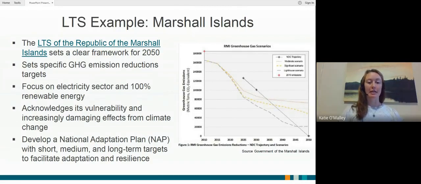In addition, the NDC 2025 and 2030 targets are shown on this graph with the plus marks as part of a trajectory line to 0 greenhouse gas emissions in 2050. And as we mentioned before, an LTS should be considered, developed, and adjusted in the future to align with near-term NDC targets.